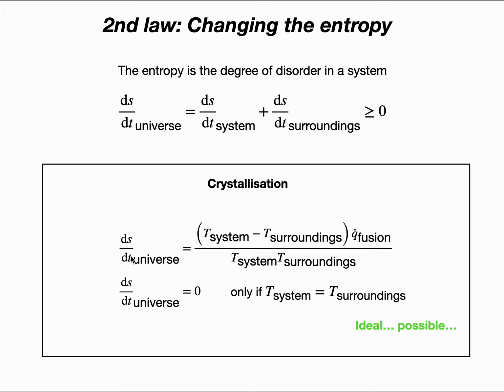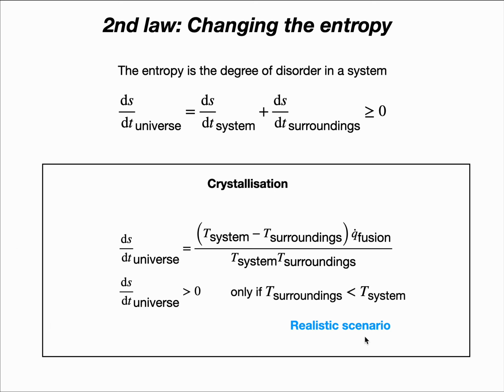You can get dS/dt of the universe to be equal to 0 if everything is 100% ideal or reversible, if the melting is occurring in the case where T system is equal to T surroundings. So it's possible to have zero production of entropy, but it doesn't seem like the most likely case.